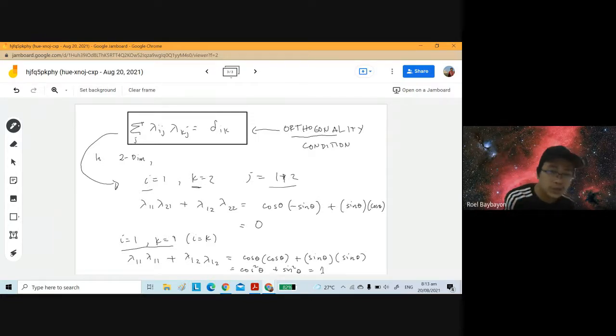The coordinate axes in each of the systems are mutually perpendicular. So this is the condition for orthogonality.